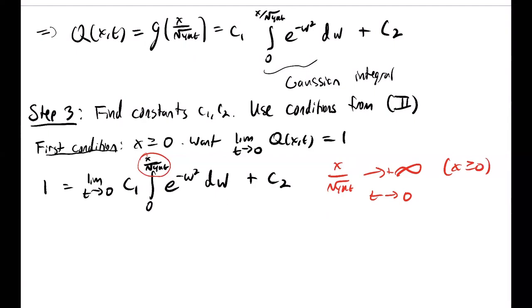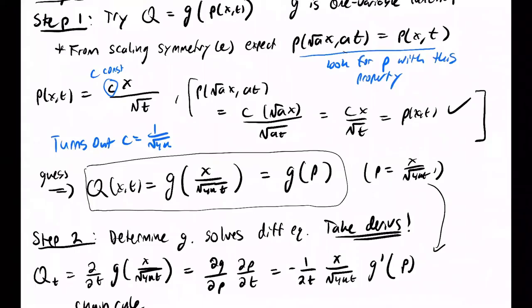Let's say x is not 0. Yeah, I guess you want this condition for x strictly bigger than 0. It turns out for integrals, if you remove 1 point from the boundary of the integral, it doesn't change the value. But we want this say for x positive. So let me correct that up here. Sorry about that.